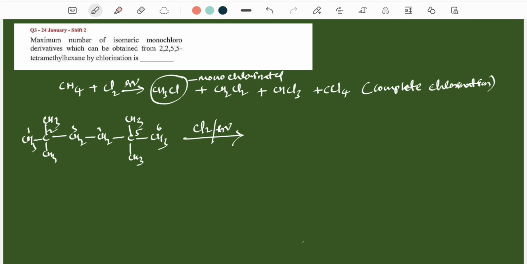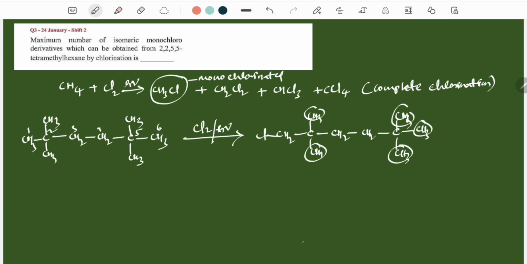Monochlorination means, for example, chlorine attacks here, giving CH2Cl, CH2, CH2, CH3, CH3, CH3. It is a monochlorinated product. See, for example, CH3, CH3, CH3, CH3, CH3.